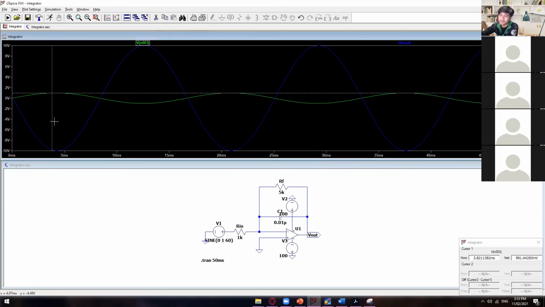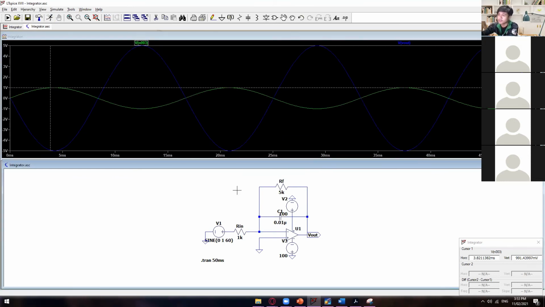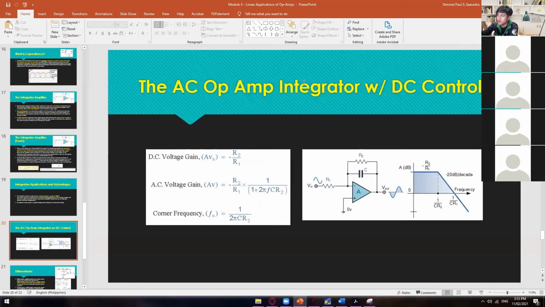So you will get here a peak to peak of 5 volts to negative 5 volts. Okay, so just by adding this resistance here, which is called the AC op-amp integrator, we can now have the perfect integrator circuit, or a more controlled output of your circuit or of your input.